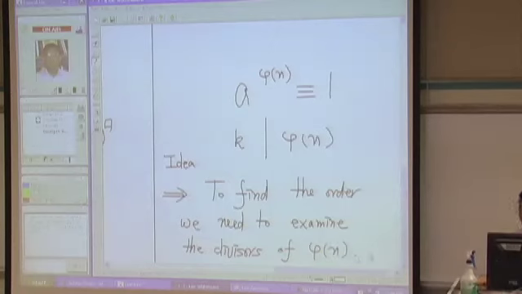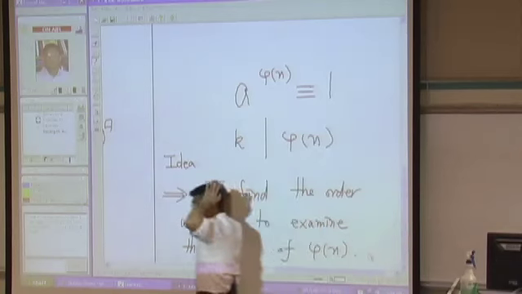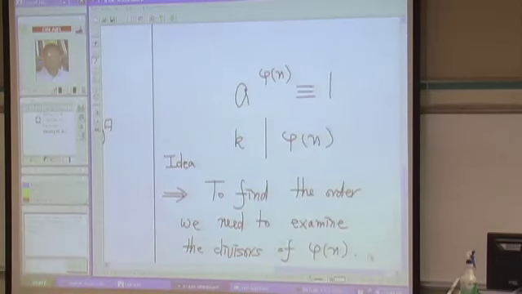Not every number. We don't have to see every number. We just need to browse the divisors of phi of n, not all numbers. So it reduces the possible pool of numbers.